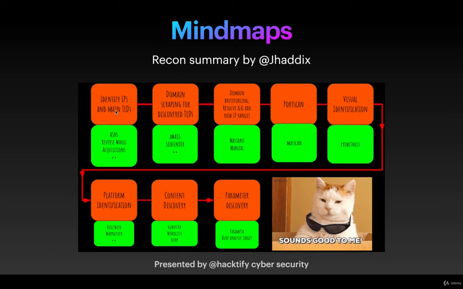The next step is platform identification. So we are basically going to do banner grabbing of those specific targets to identify what CMS and technology they are running on. We can use Wappalyzer and BuiltWith. It is very helpful and useful to do this.